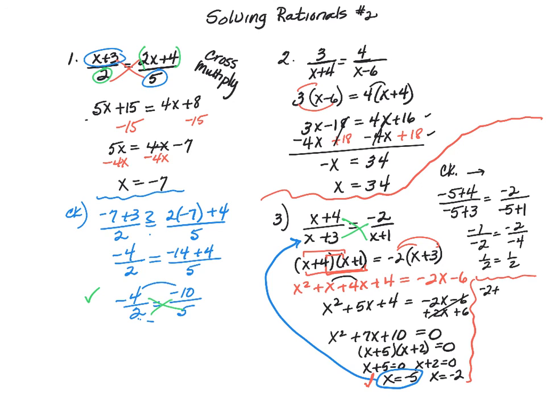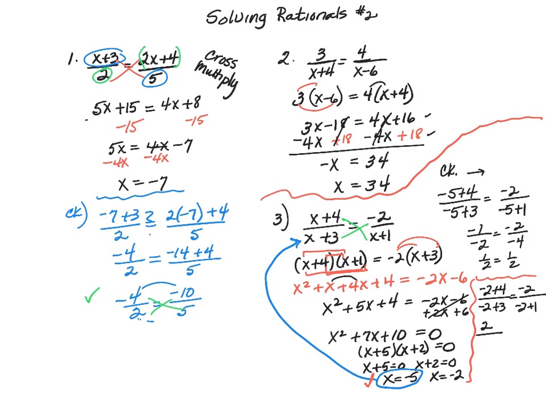Negative 2 plus 4 over negative 2 plus 3 is going to have to be equal to negative 2 over negative 2 plus 1. So let's do the arithmetic. Negative 2 plus that 4 is going to give you a positive 2.